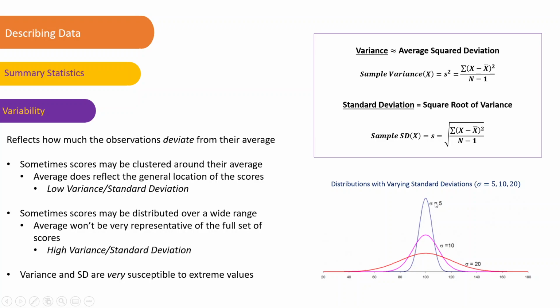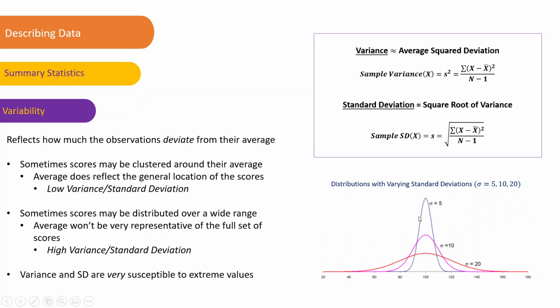What we have here is 3 distributions with different standard deviations, but they all have the same mean. The mean looks like it's right at 100, and when our standard deviation is 5, which is the smallest standard deviation, a lot of our scores do fall around our mean of 100. So that average is more reflective of our full set of scores, and we have a low standard deviation.